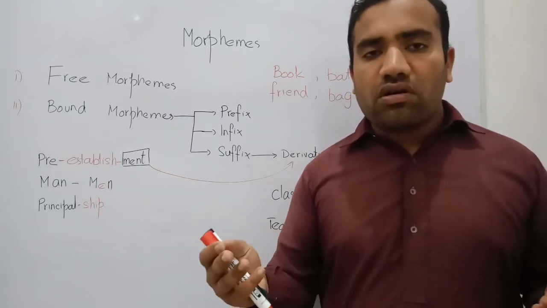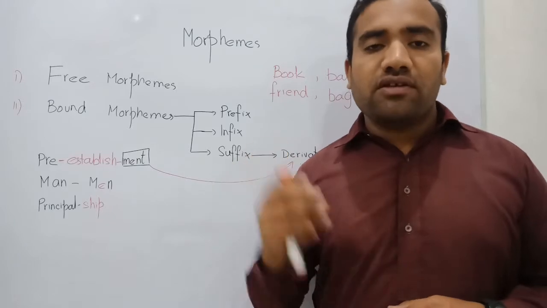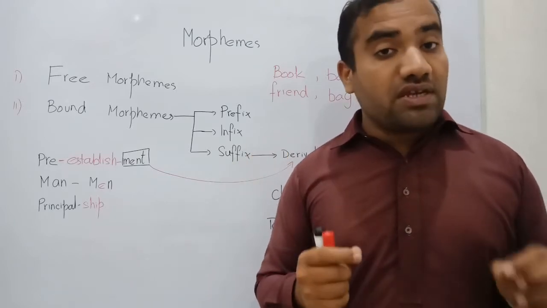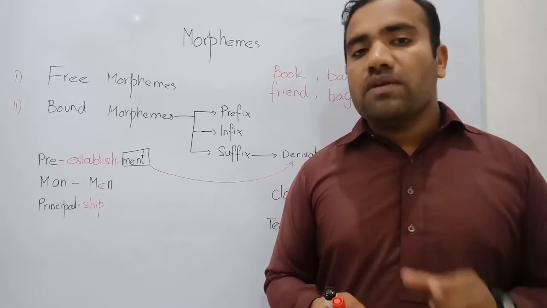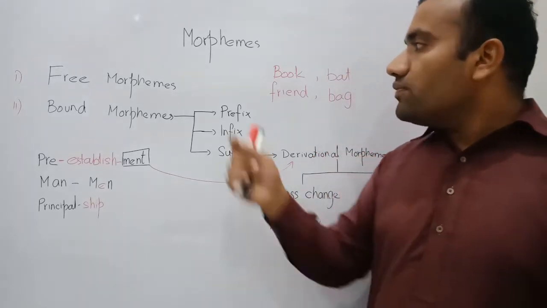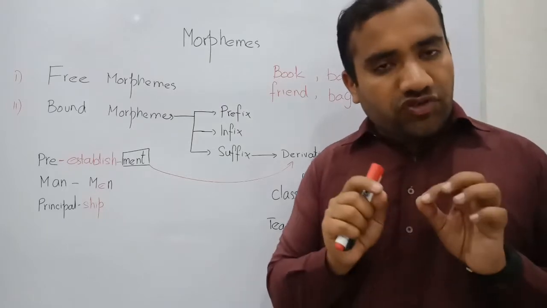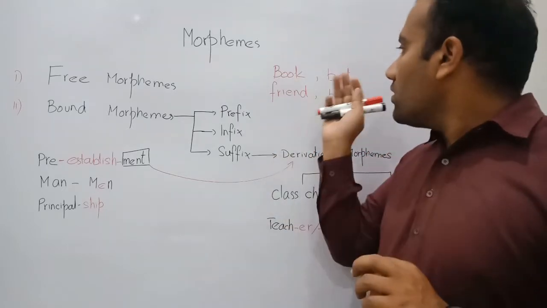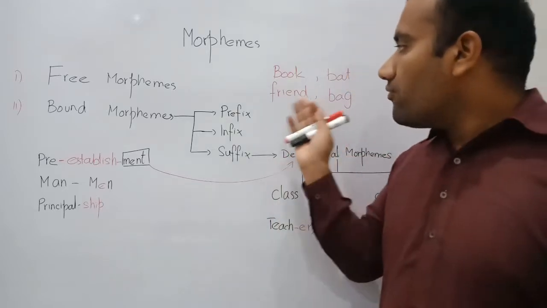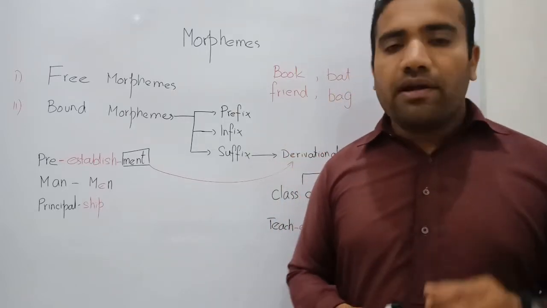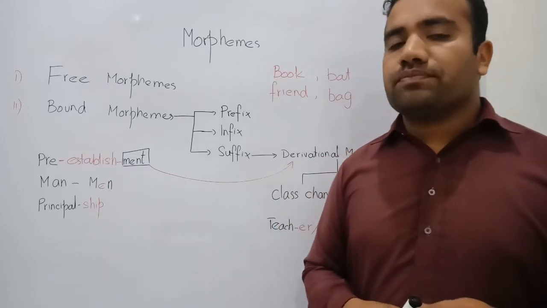All these are called free morphemes because, as I have told you, these can exist independently. Book can exist independently. Bat can exist independently. Friend can exist independently. Bag can exist independently.